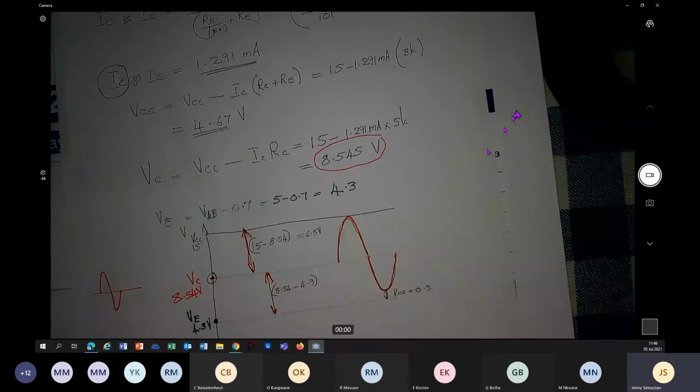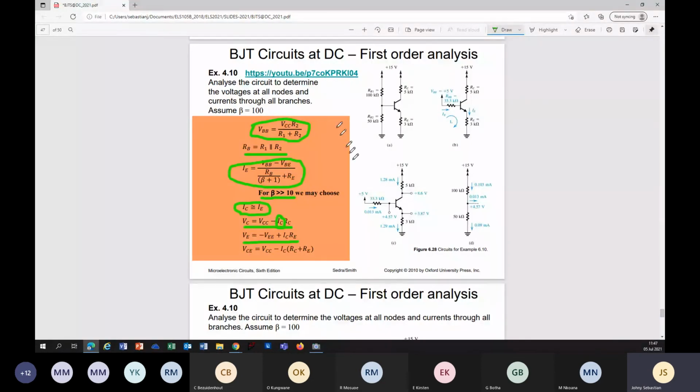Okay, so we have all these things worked out, and if you click on that, it will take you to a YouTube page where all these calculations are done exactly the way we did. Can we move on?